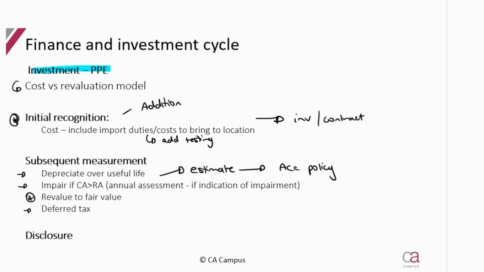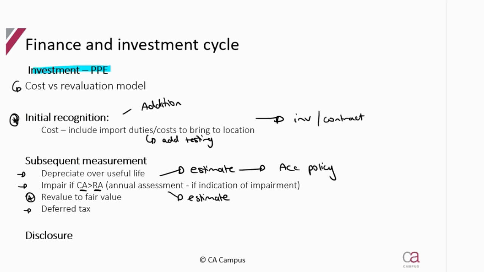Impairment now. Impairment is also going to be an estimate. So they're also going to have to consider whether they have actually determined the impairment value relatively fairly or not. How do you determine the impairment? It is whether recoverable amount is less than the carrying amount. So they now have to record it at the recoverable amount.